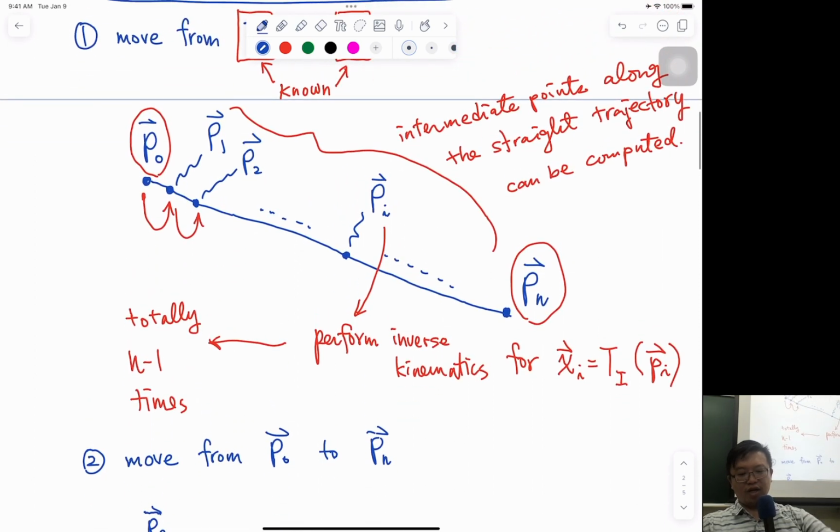Let's say you are moving from P0 to Pn, and you need to check every intermediate configuration. If you are moving straight, then you need to perform inverse kinematics for every intermediate point. And for every intermediate configuration, you determine the shortest distance between the obstacle and that configuration.